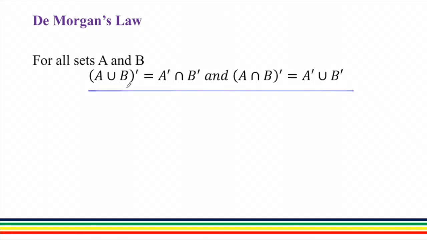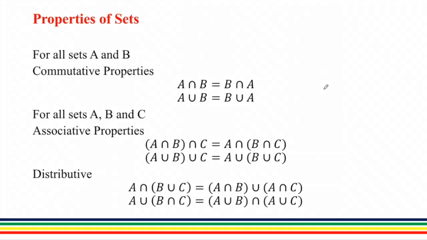We can express a union in terms of an intersection; we just have to get their complements, and vice versa, from intersection to union. Then we have properties of sets. Commutative: A intersection B is equivalent to B intersection A, and A union B is equivalent to B union A. And we can also do associative properties and distributive properties.